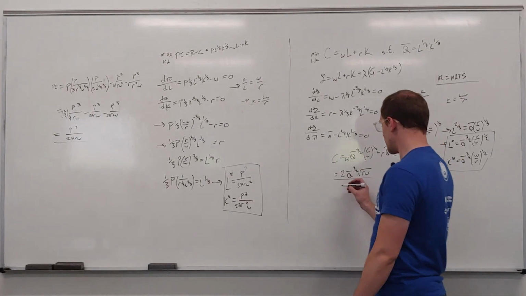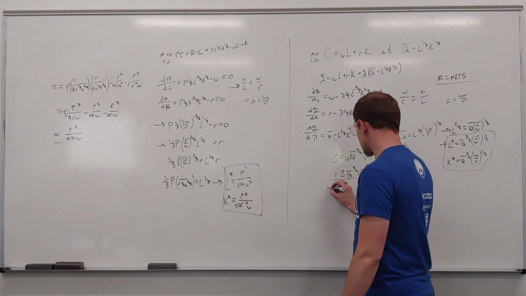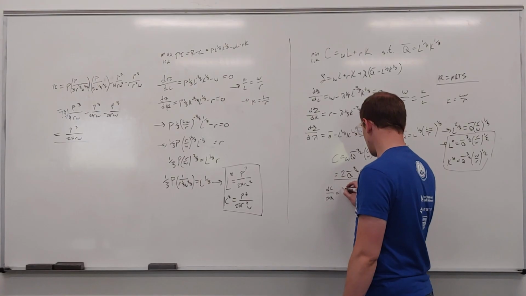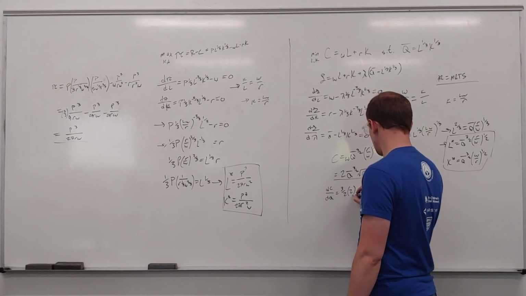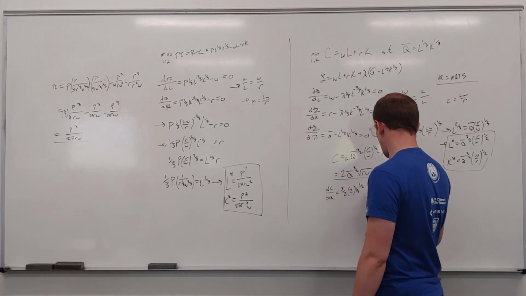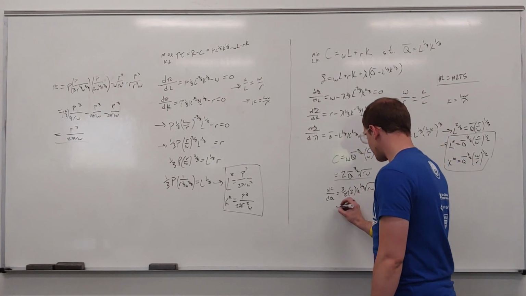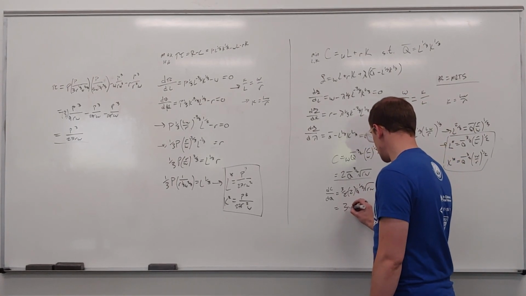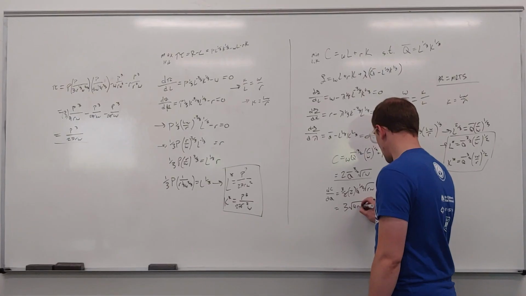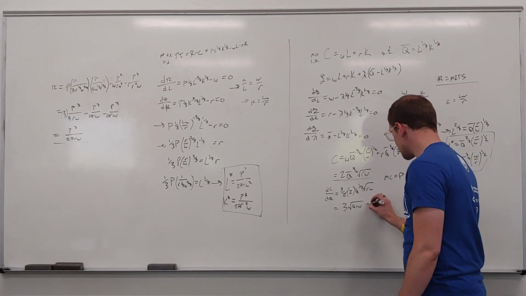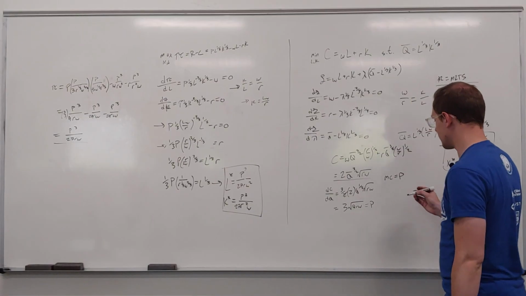Okay, so we can take our marginal cost here. That's going to be the derivative of our cost with respect to quantity, and we're going to get 3/2 times 2 times q to the 1/2 root rw. Those are actually all rooted, I guess. So our marginal cost is 3 root qrw. Okay, and if that's equal to the price, we can get a supply curve from that.